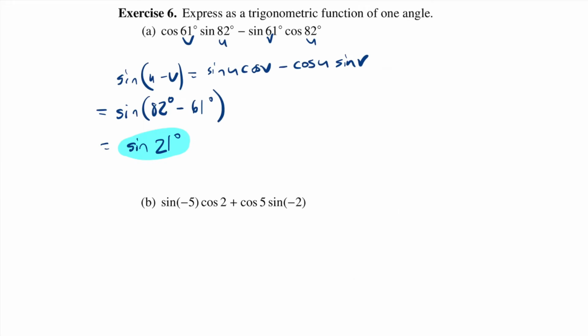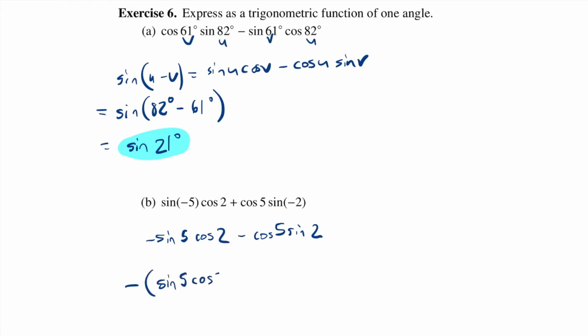And sine is also odd, so this is going to be negative cosine 5 sine of positive 2. So this negative came out, and I just moved it here, and this negative came out, and I moved it here. Since I have two negatives, I'm going to factor out the negative. Now I have sine of 5 cosine of 2 plus cosine of 5 sine of 2.